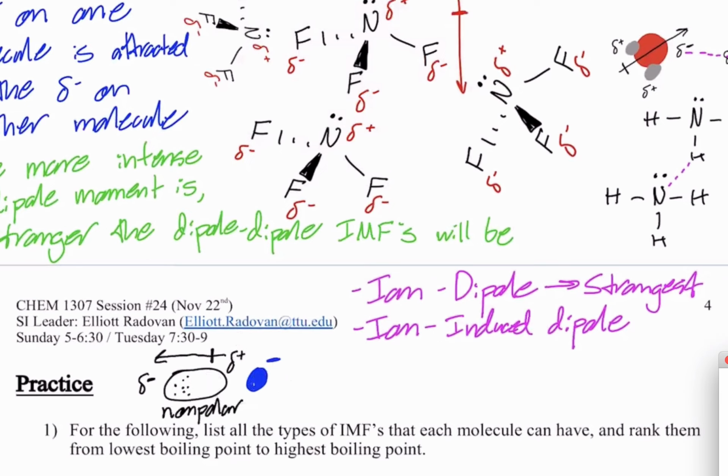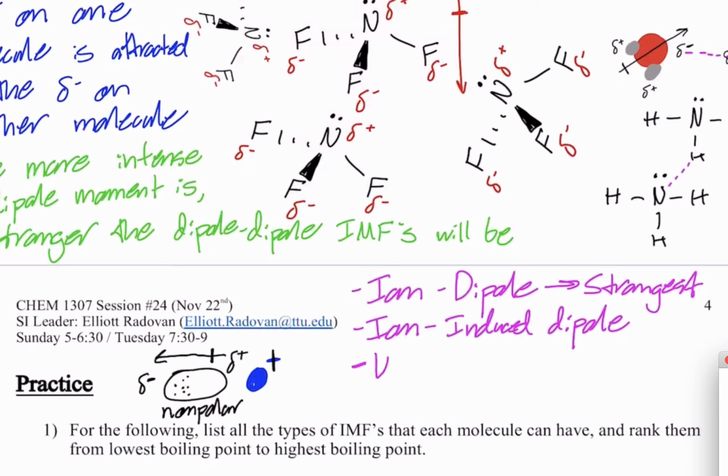The same thing can happen with a cation. It just does the opposite, right? If we had a cation right here, then all of those electrons would flood towards the side of the cation, and it would form a dipole in the opposite direction, okay?